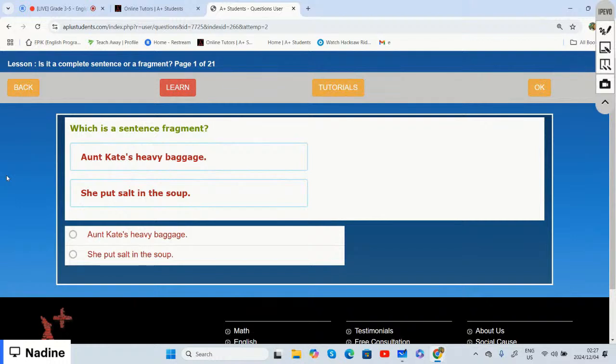Which one is correct? All right. And if we were to choose the sentence fragment, then we would say it's option one. Well done. Option one is correct.